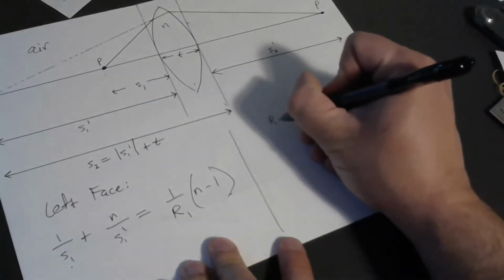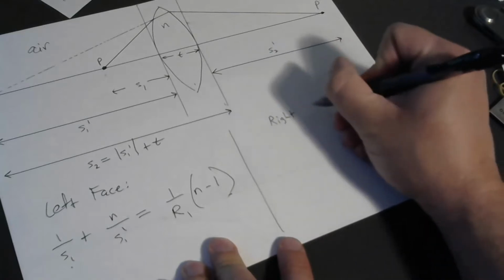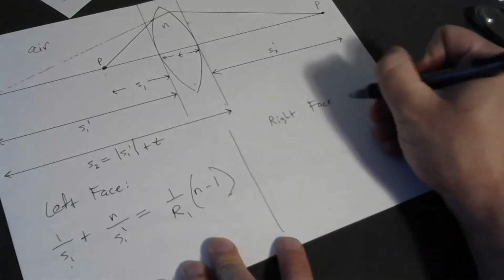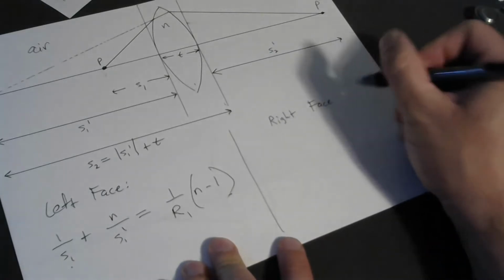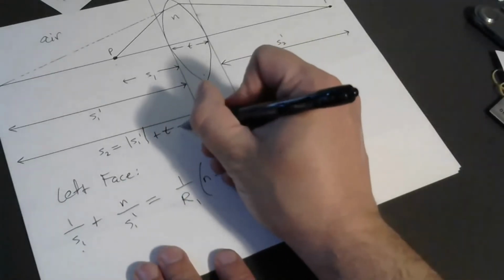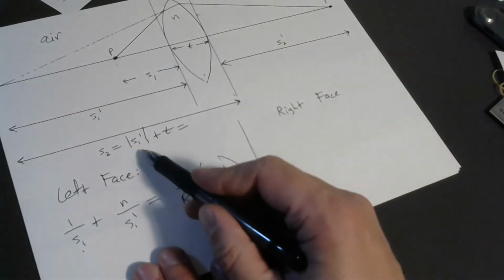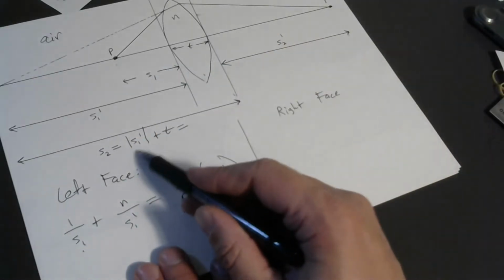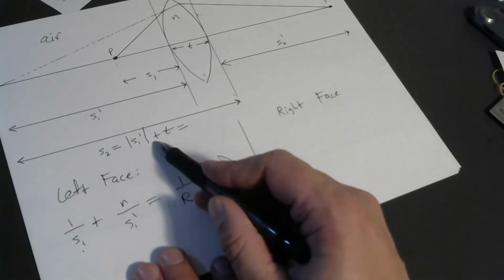As for the right face, well, one thing I should note here, isn't the absolute value of -3, 3? In other words, it's the negative of -3.